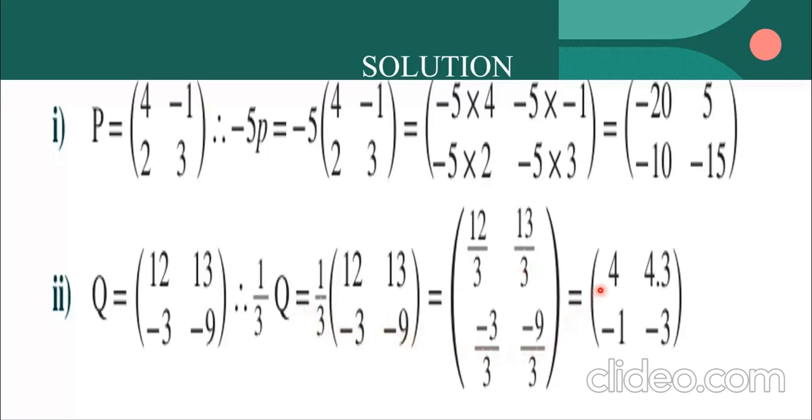Then our results will be like this: 4, then 4/3. You can leave it in improper fraction form. Minus 1, minus 3. And that's that.